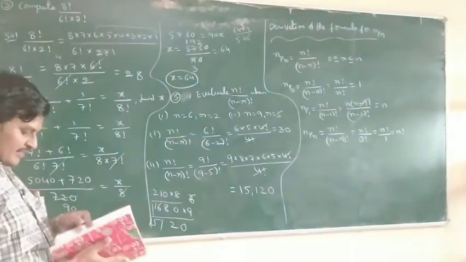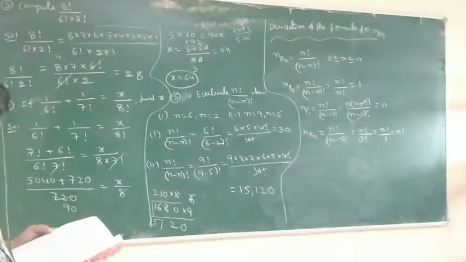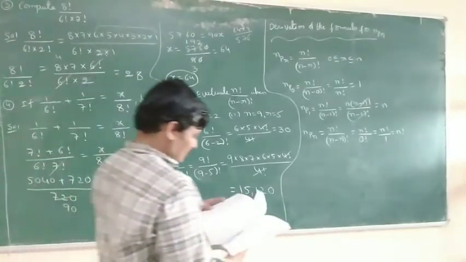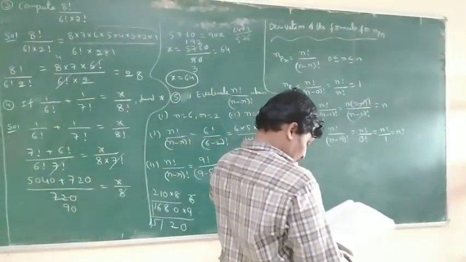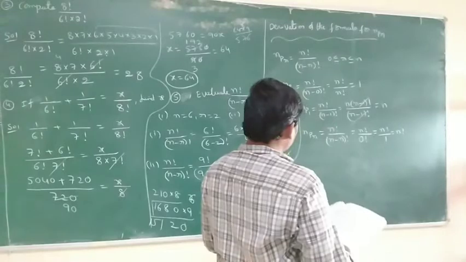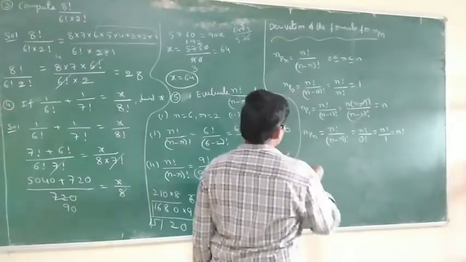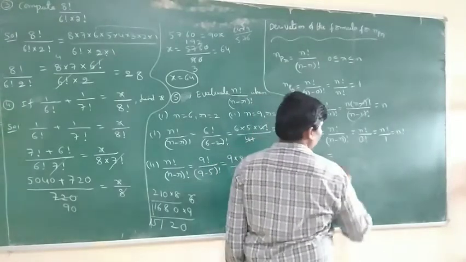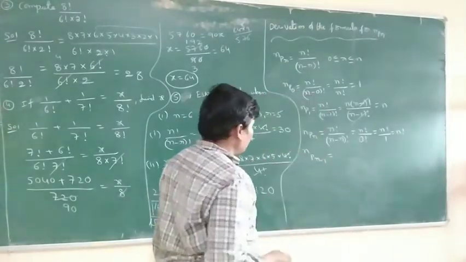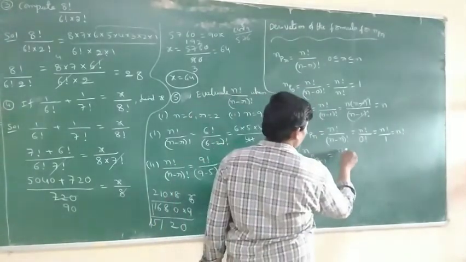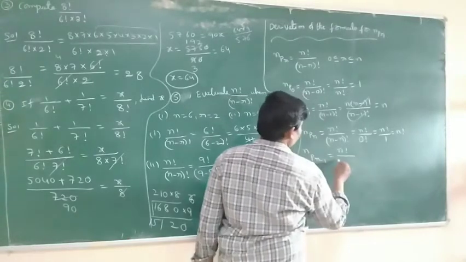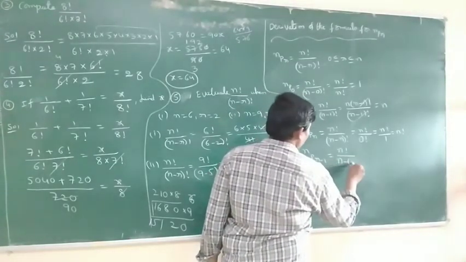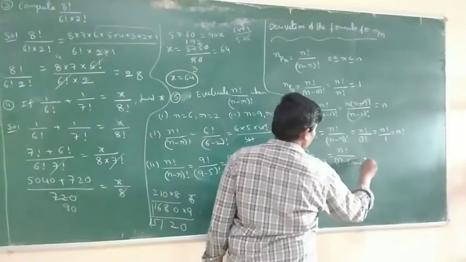nP0, nP1, nPr formula, nPn. Next, nP(n minus 1): the formula is n factorial by n minus of n minus 1 factorial.